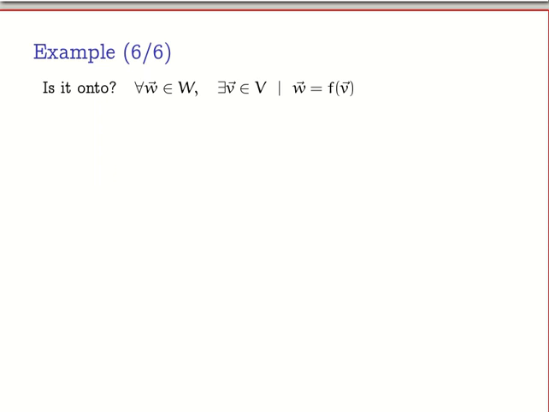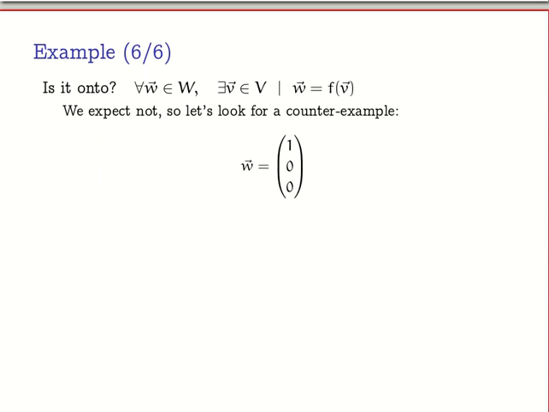And we want to do the same thing and look, is this map onto? That means we have to choose an arbitrary w that is a member of the codomain, a member of R3. Looking ahead, we can see that the map makes a correspondence between x, y, and z, the last component.